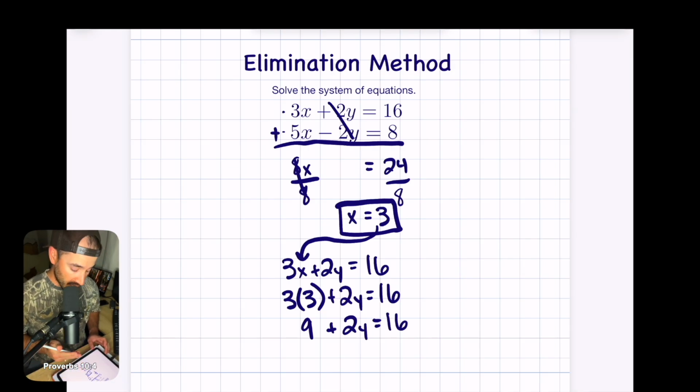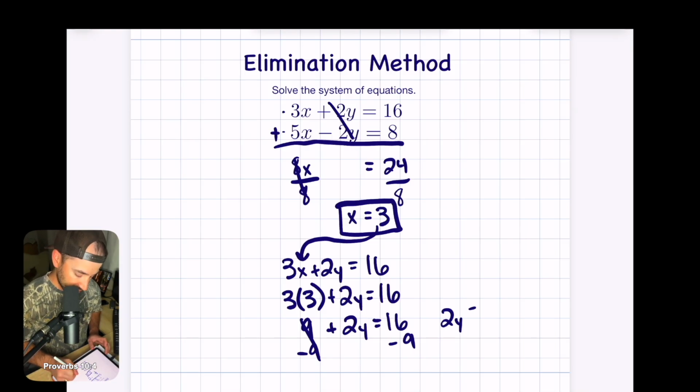We want to solve for y, so I'm going to cancel out this 9 by subtracting 9 from both sides. That's going to cancel and leave me with 2y is equal to 16 minus 9, which is 7. Now to solve for y, we can divide by 2 on both sides to get y is equal to 7 over 2, or 7 divided by 2 is 3.5.